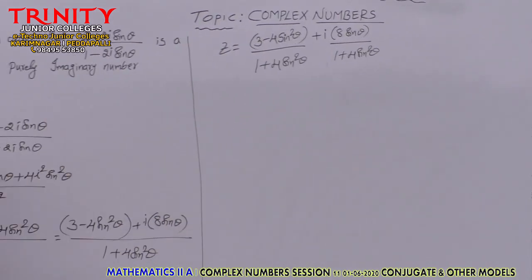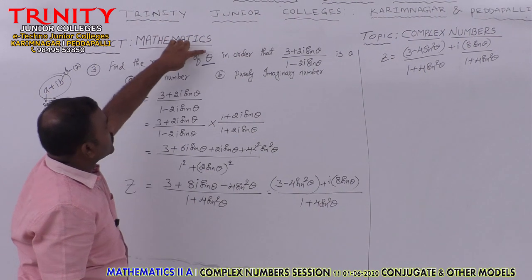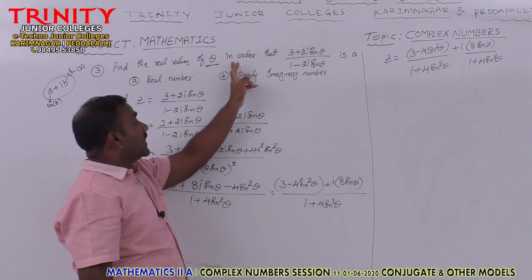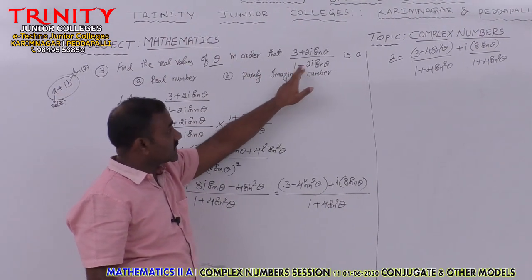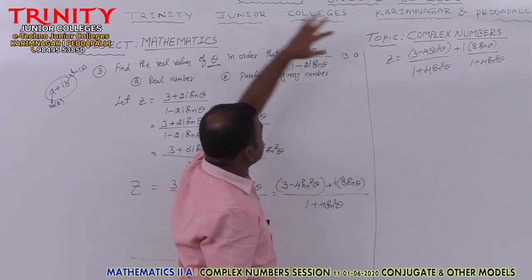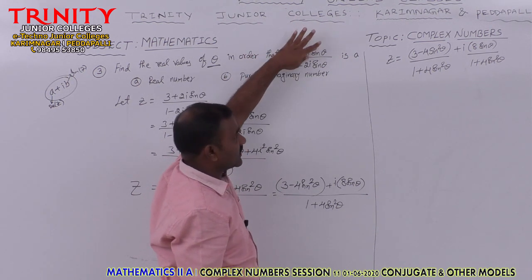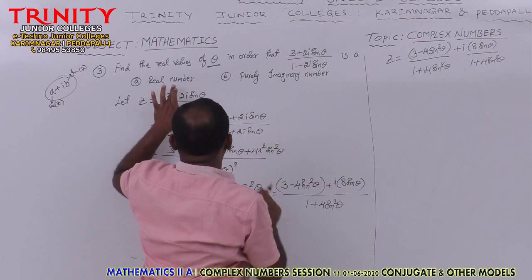Now for this complex number, the question was asking: find the real values of theta in order that this complex number, z, which is the value of (3 plus 2i sin theta) by (1 minus 2i sin theta), is a real number.